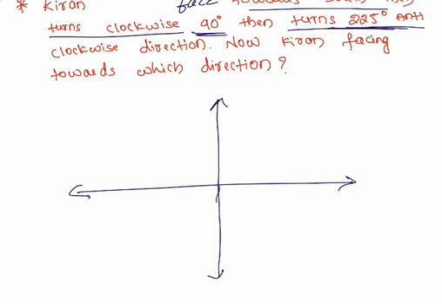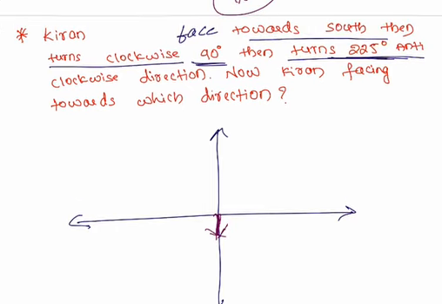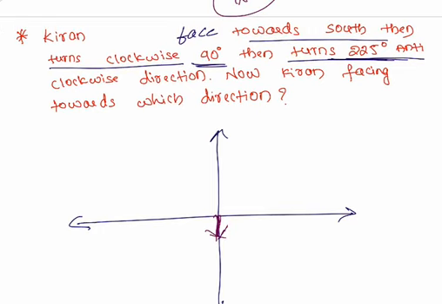Kiran faced towards south. A 90 degree clockwise turn means now he faces this way. This is clockwise and this is anti-clockwise.